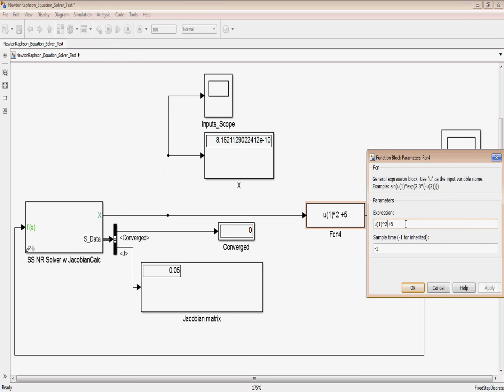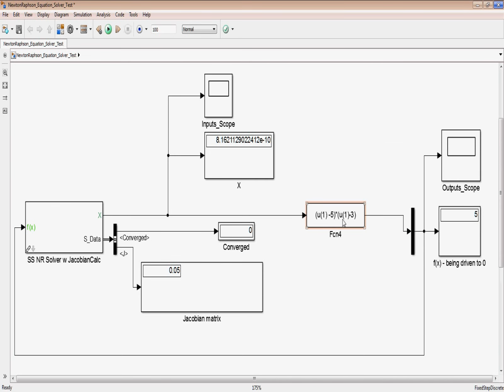So now let's look at something a little bit more interesting. Go back to our minus. So we'll do u1 minus 3. So now by inspection you can see that u1 minus 5 times u1 minus 3. There's two possible answers.